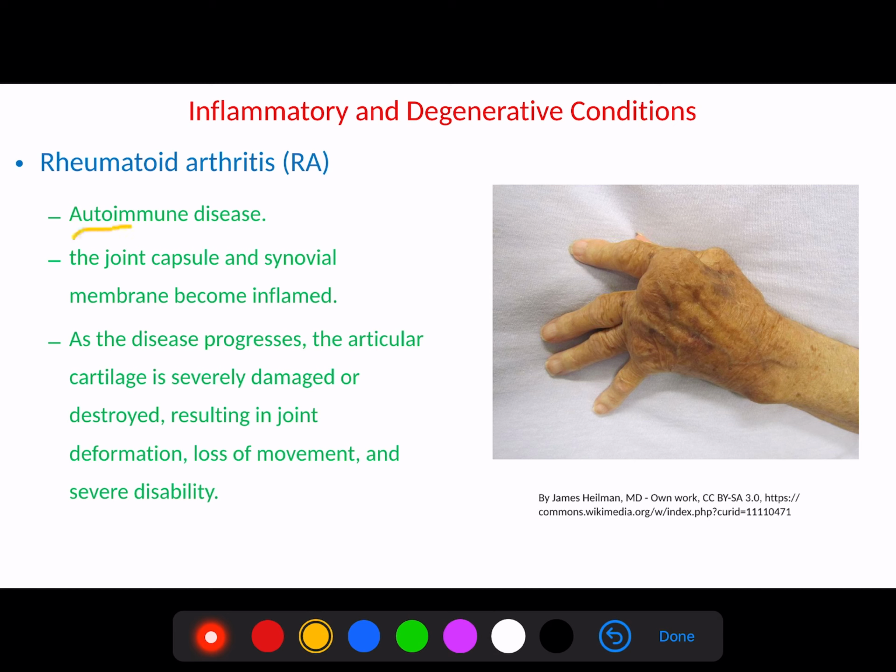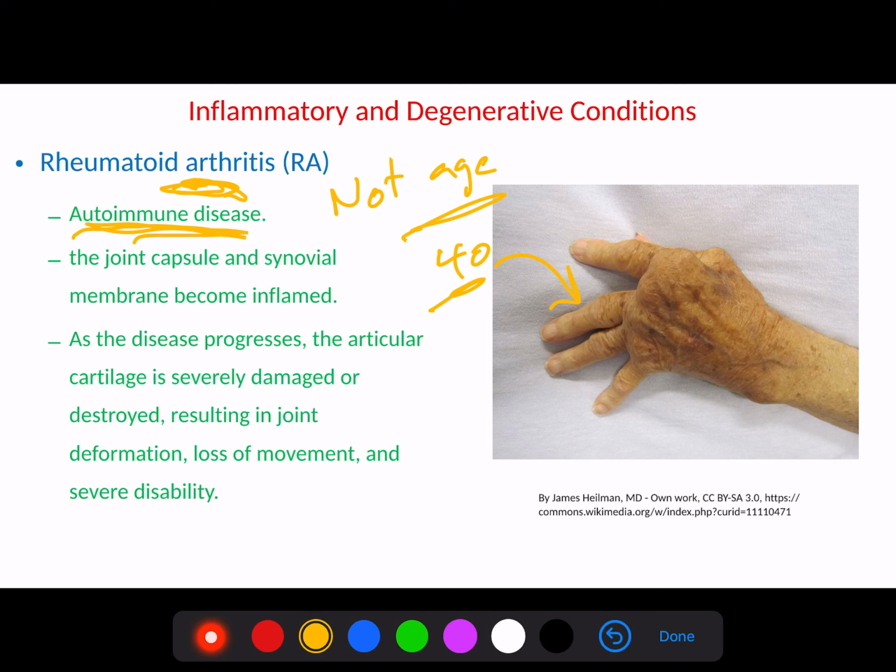Then we have rheumatoid arthritis. It's widely believed now that this is an autoimmune disease. With rheumatoid arthritis, also there is no treatment, no cure. Patients will also be given something to reduce the symptoms. This is not associated with age. Sometimes you'll see patients who are 40 years old who develop a form of rheumatoid arthritis.